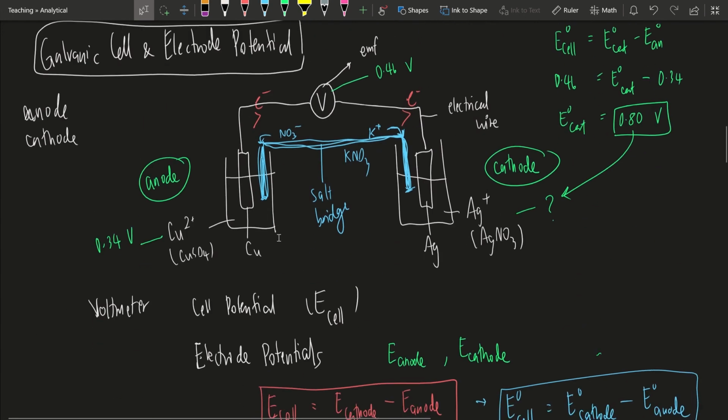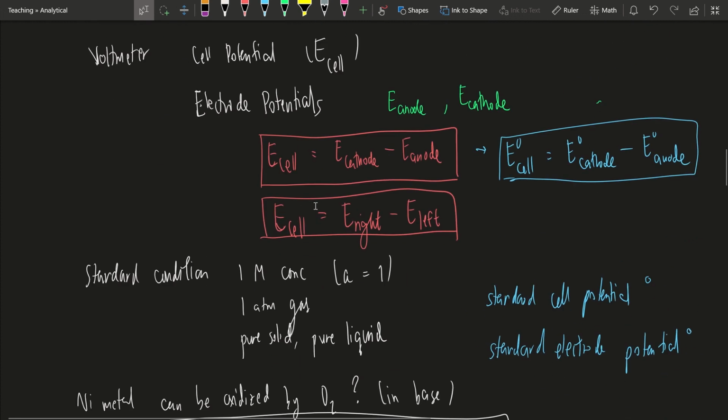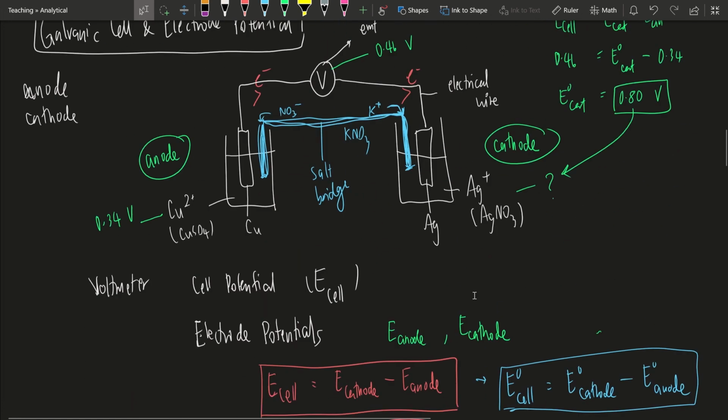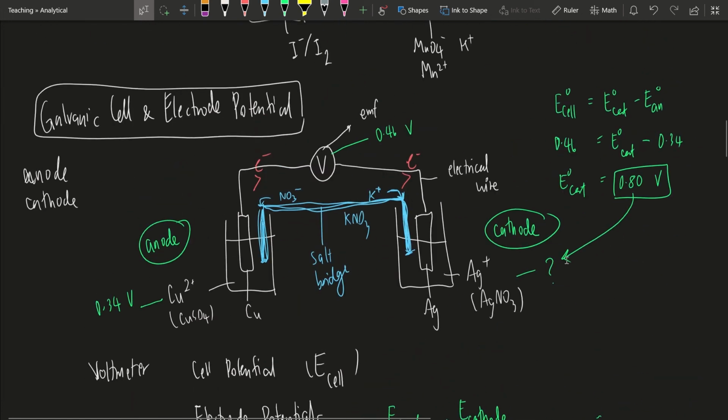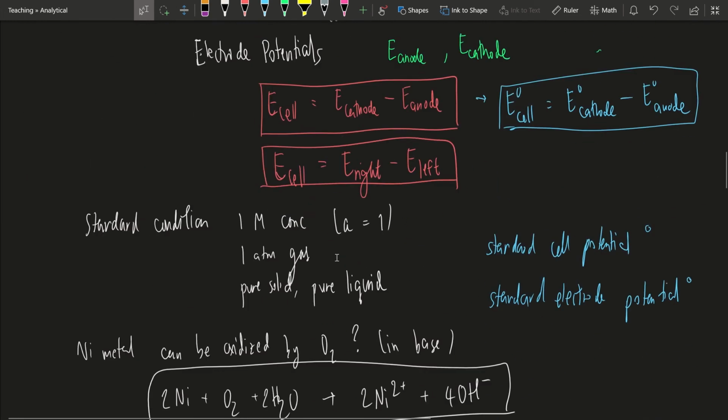And we defined a little bit about the cell and electrode potential and the relationship between the cell potential and the cathode and anode potentials and the standard condition as well, and the meaning of it, and how to use this equation to calculate these kinds of potentials.